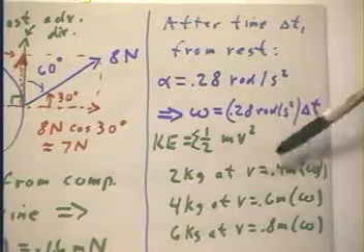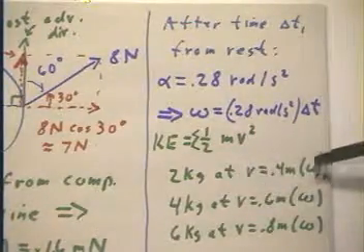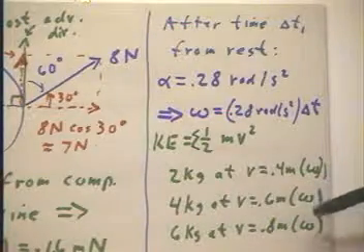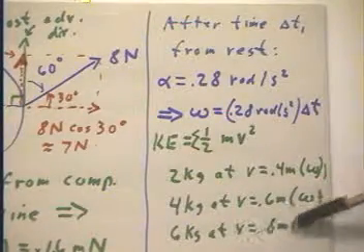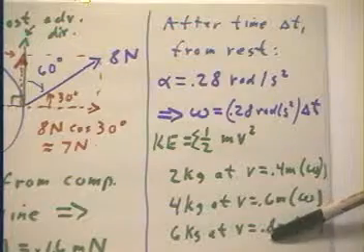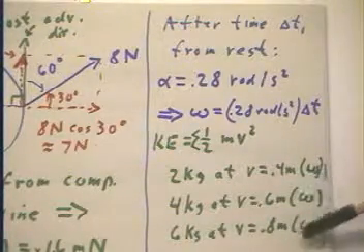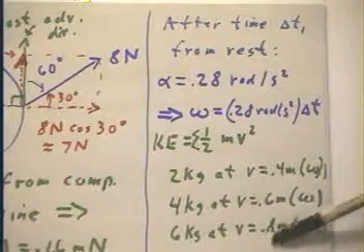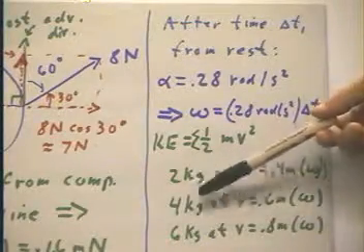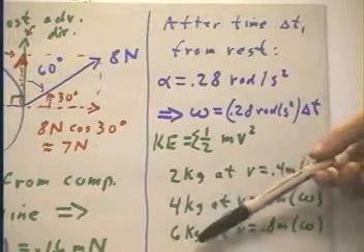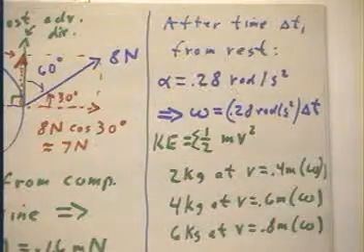So the 0.4 meter hoop will have this velocity, the 0.8 meter hoop will have this velocity, and the 1.2 meter hoop. That should be 0.8 and 1.2 meters. They'll have the corresponding velocities, so that the 2 kilogram mass will be moving more slowly than the 4 or the 6 kilogram mass.